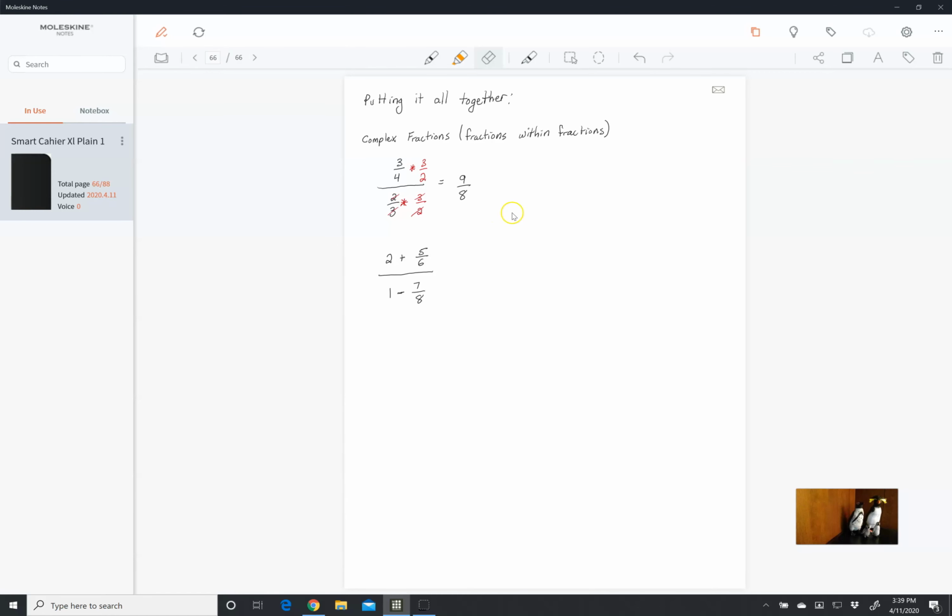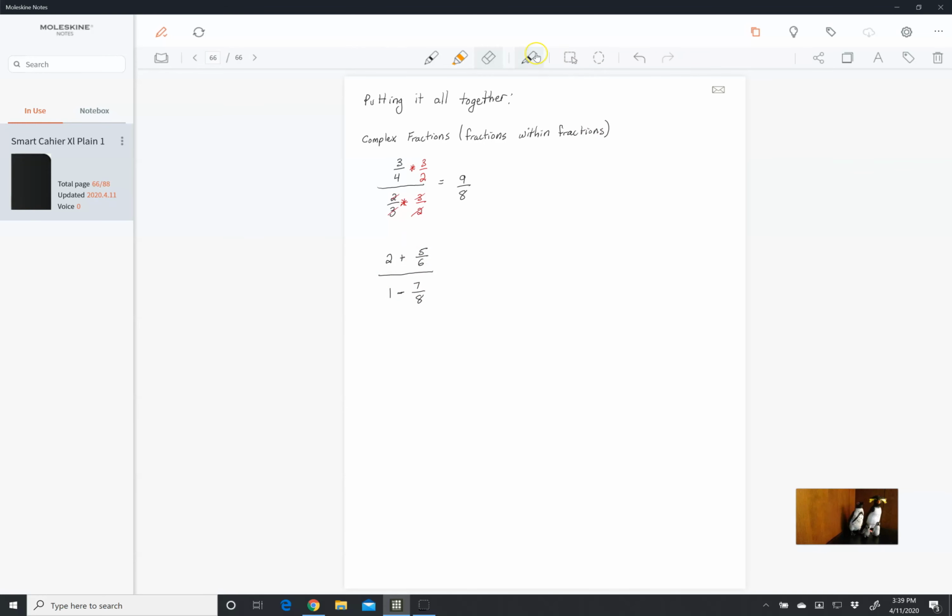Get one fraction in the numerator and one fraction in the denominator. And what that means is that we have to add these fractions here in the numerator, and we're going to subtract these fractions here in the denominator. So we're going to be doing the addition and the subtraction first, because remember there are invisible parentheses, so we can't work between the numerator and the denominator at this point.